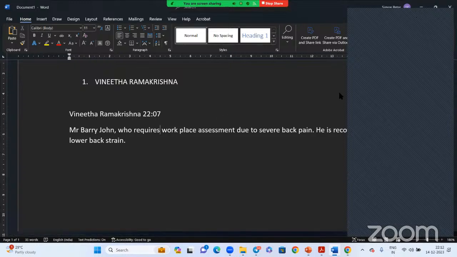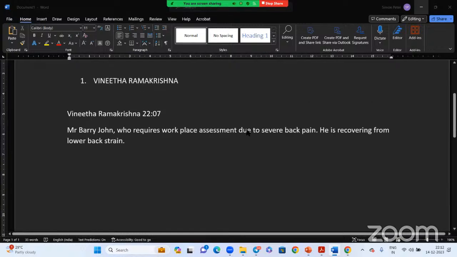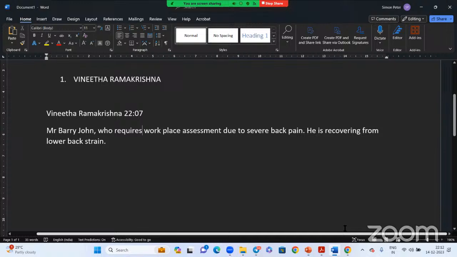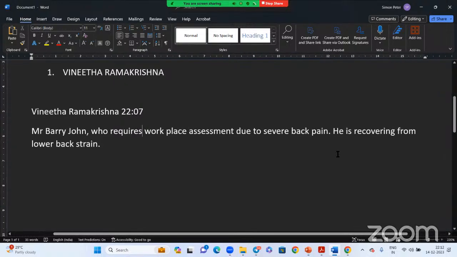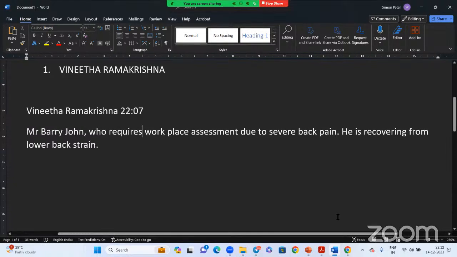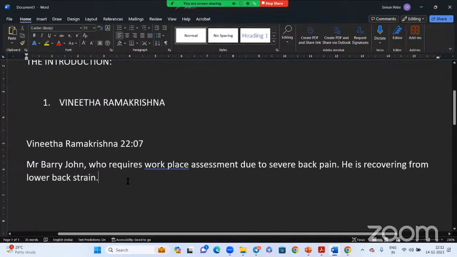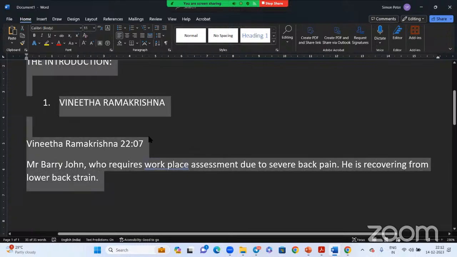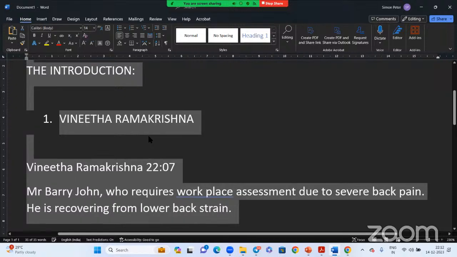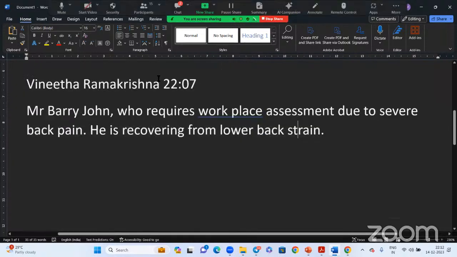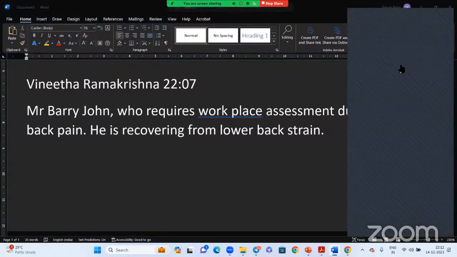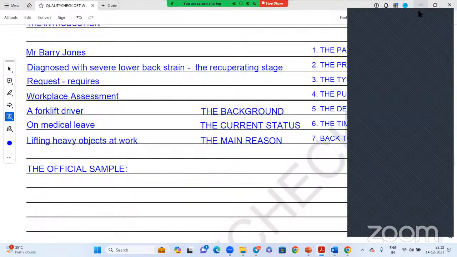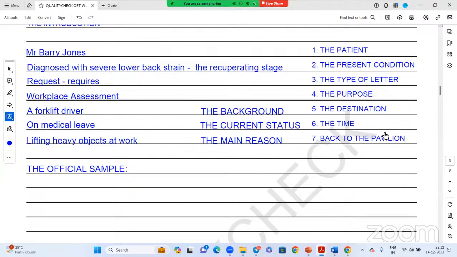So write small letters only. Now let us see whether this sentence is okay or not. Come on, write down all. Okay, I'll keep your sentences there. Don't make me hurry and write everything at a time. You have to learn step by step.